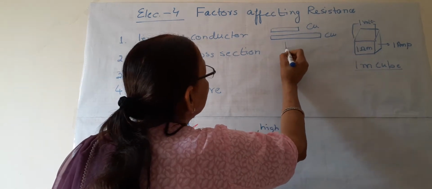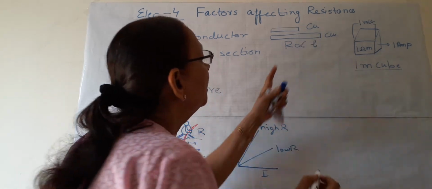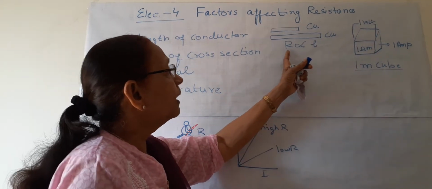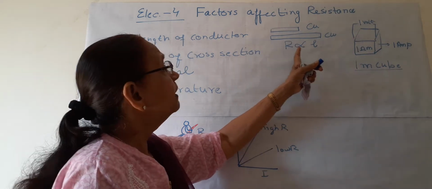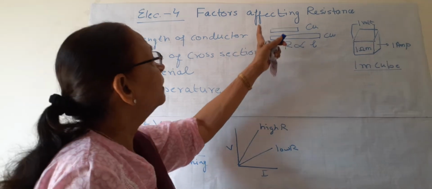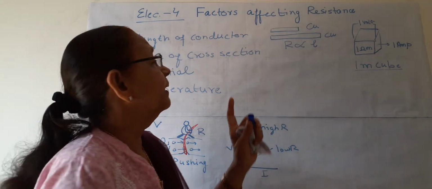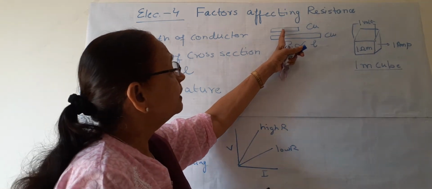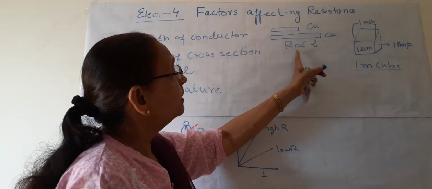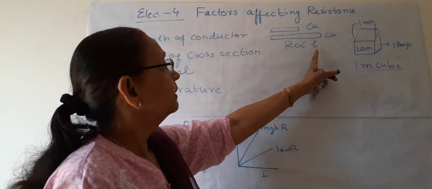It means that R is directly proportional to the length of the conductor. If length is more, R is more. If length is less, R is less. So less length, less R; more length, more R. R is directly proportional to the length of the wire. This is the first situation.